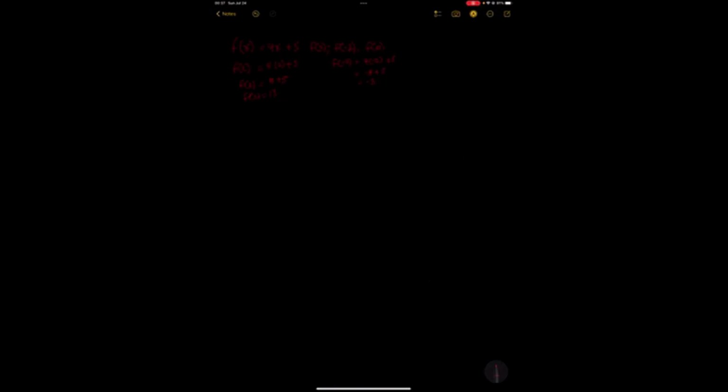If we put 0, we get f of 0 equals 4 times 0 plus 5, which is 0 plus 5, which is equal to 5. So, look at this. We put 2, and it gives us 13. You cannot put 2 and have it give you a different number.